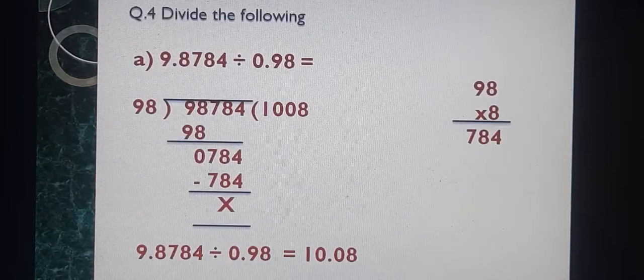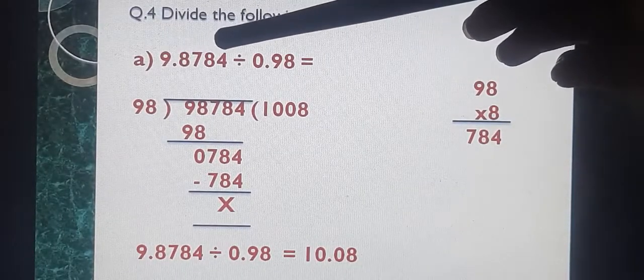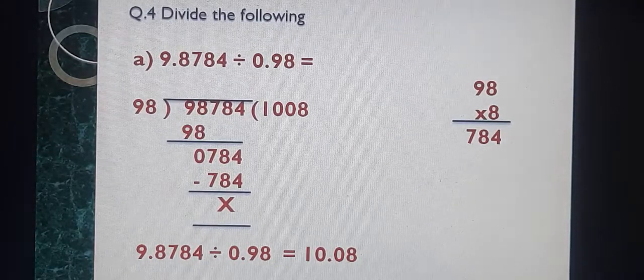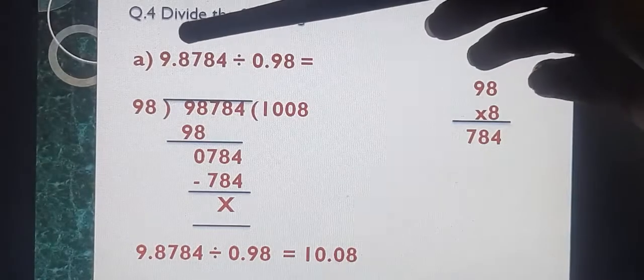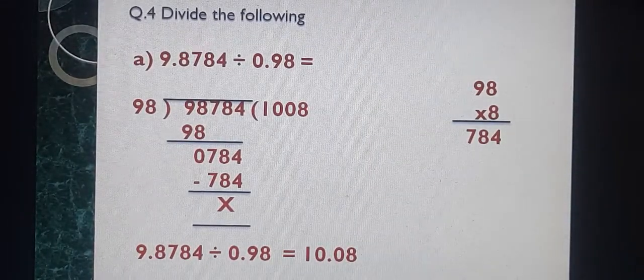Now question number 4, divide the following. A part. 9.8784 divided by 0.98. Now look here beta, dividend and divisor both have decimals. So keep the thing in your mind.